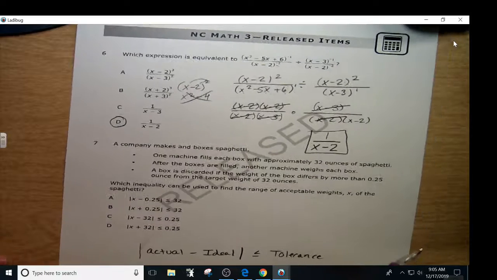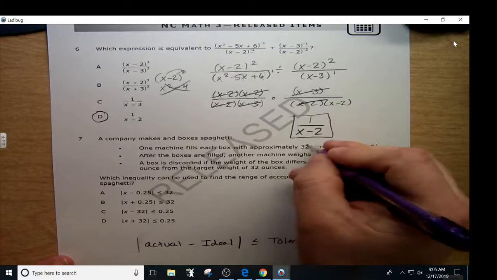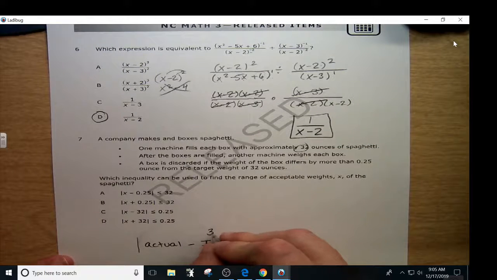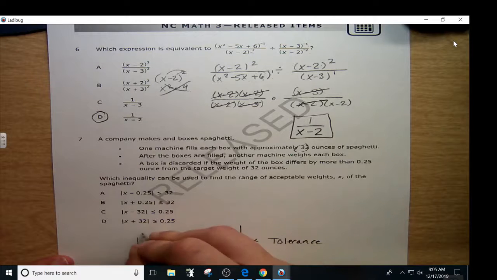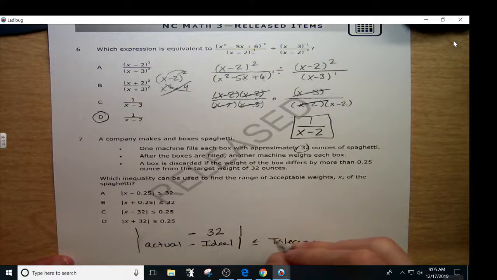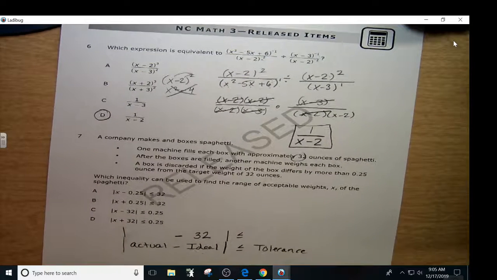Now, guys, let's talk about this just a minute. What is the ideal weight that the company wants to have in their spaghetti? 32 ounces. All right, so now what is the tolerance? 0.25.